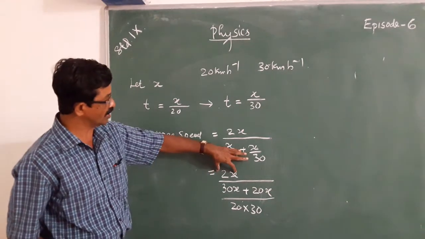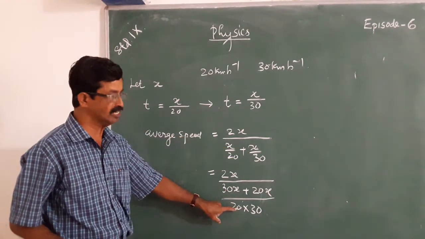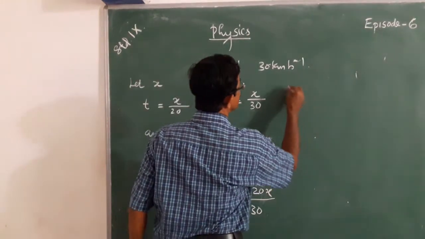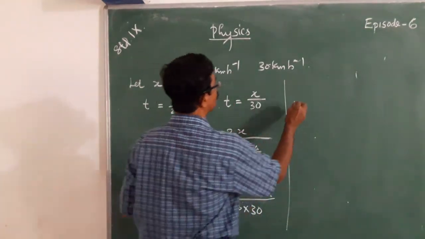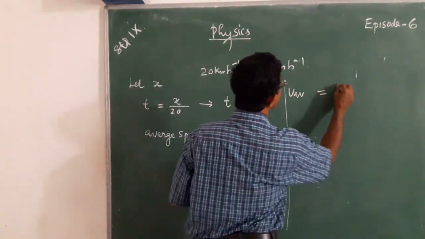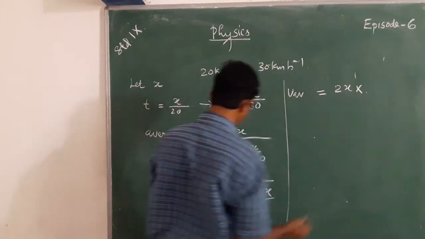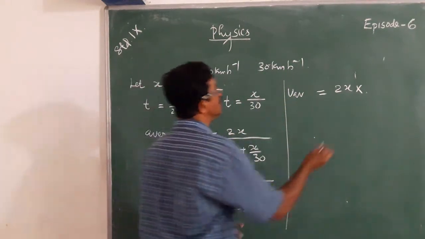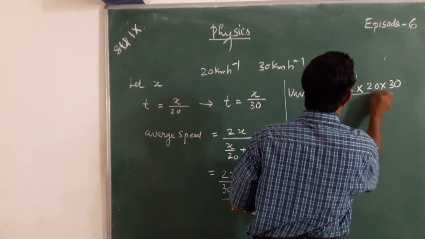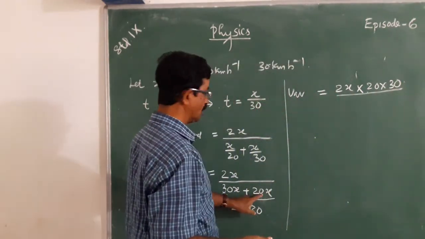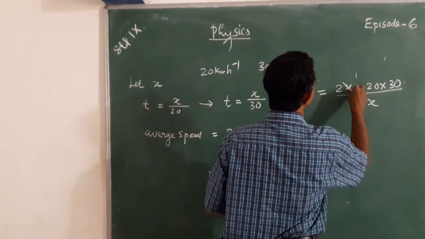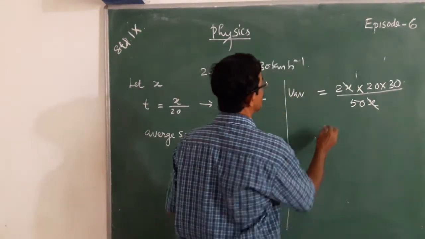Now the numerator is divided by a fraction, so we take the reciprocal. V average is equal to 2x into 20 into 30 by (30x plus 20x), that is 50x. The x and x cancel.